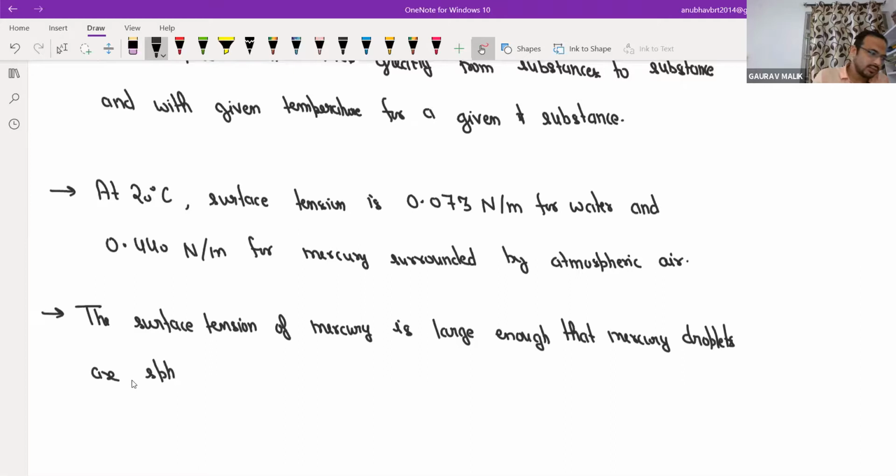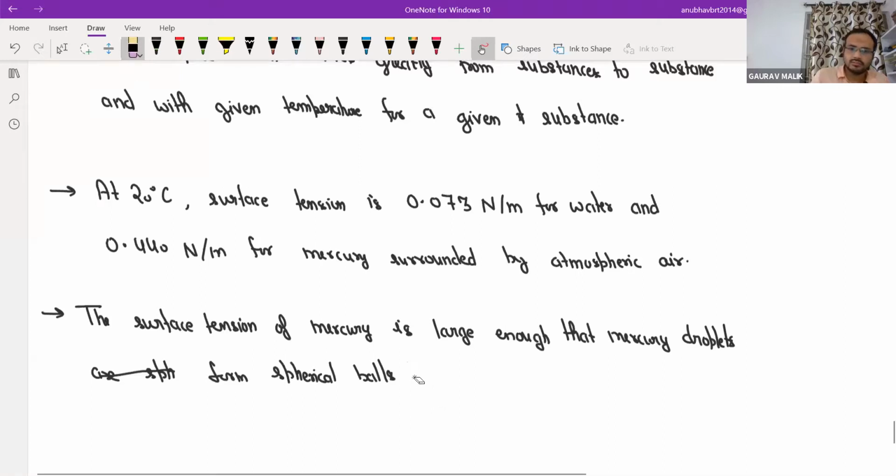Yeah, mercury droplets form spherical balls. Is it clear? That can be rolled, but that is sufficient.